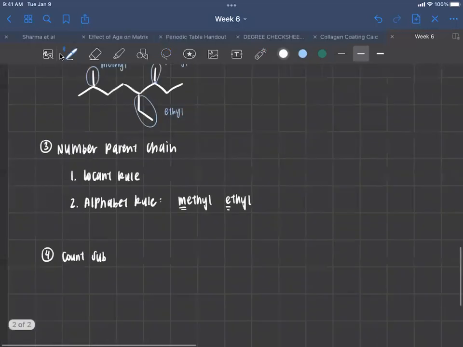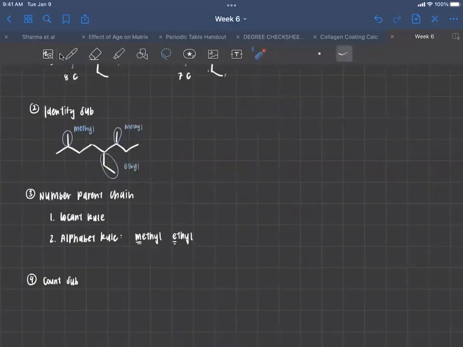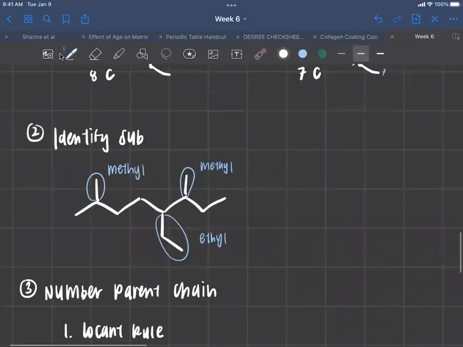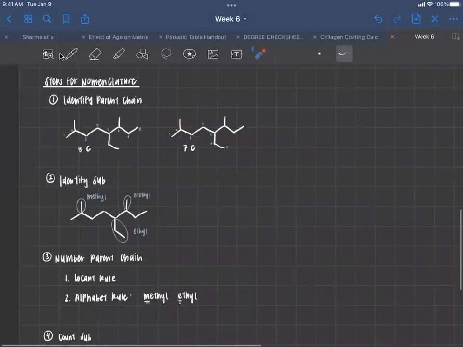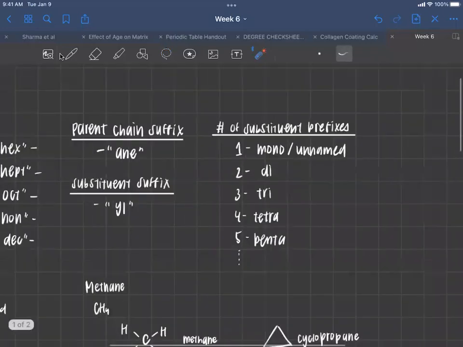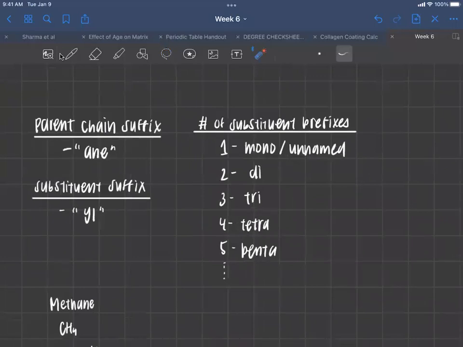Maybe this step should have been with number 2 here, but let's go back to step 2 then. So to count your substituents, we see that we only have 3 substituents now. We have 2 of the same, we have 2 methyl groups, going back to this key here. So if we have 2 of the same substituents on the same parent chain, this is what I mean by the number of substituents.